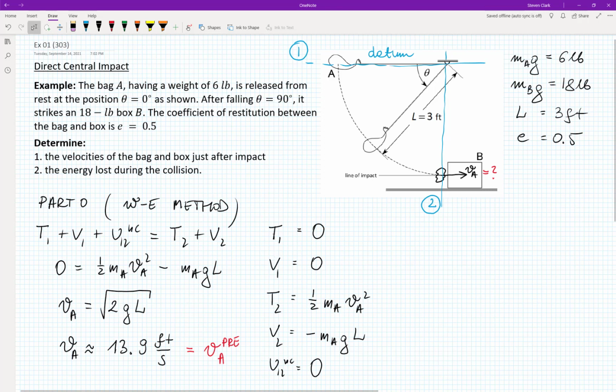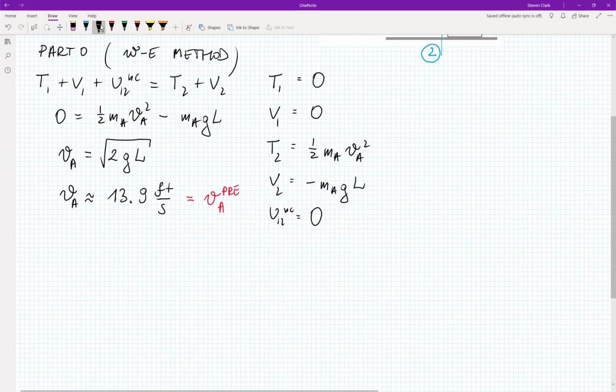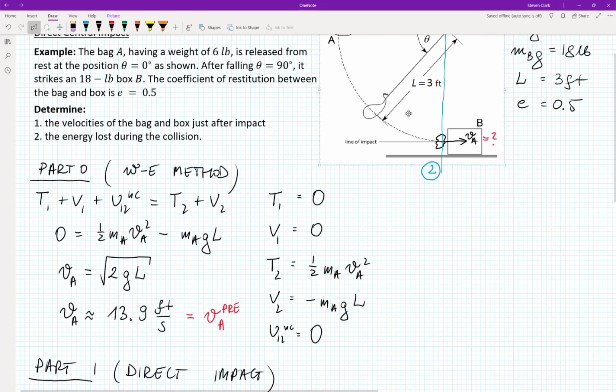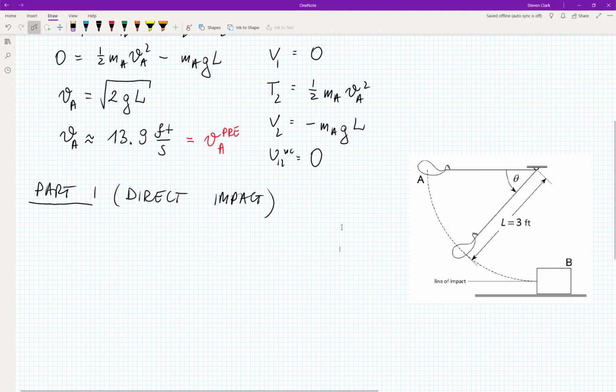Cool. So now we will focus on the impacts, okay? So we will have part 1, which is direct impact. So I'm just going to start with a drawing, as I usually do. So in here, I just want to show you the situation pre-impact and post-impact.